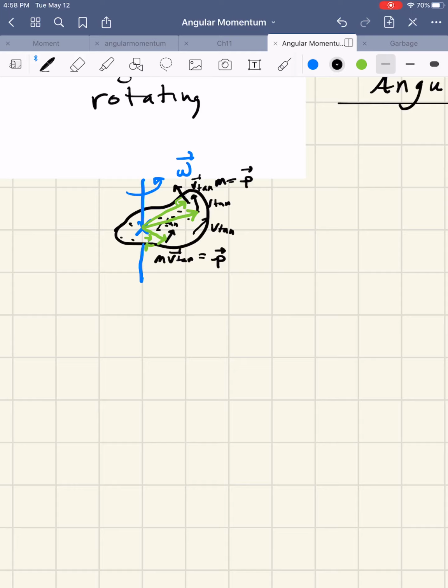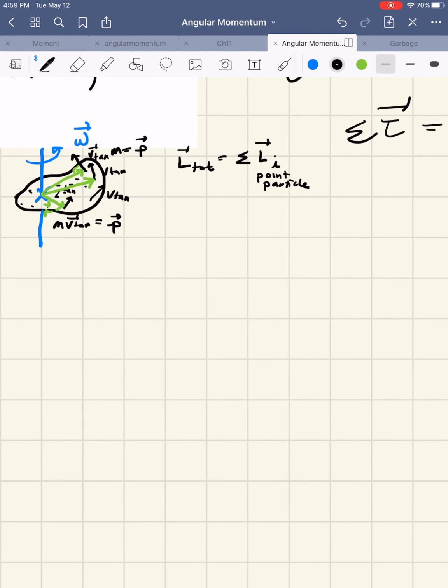If I wanted to find the total angular momentum of a system like that, all I would have to do is sum up the individual angular momentum of each point particle fixed here in the rigid body. What that would look like would be the sum over r sub i crossed with m v sub i, this again being the angular momentum for a single point particle.